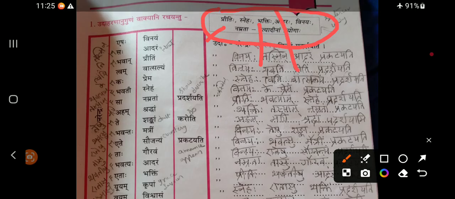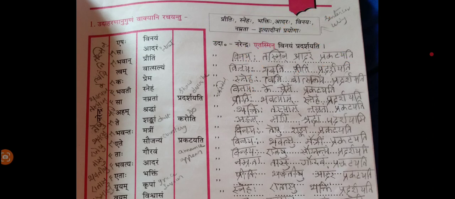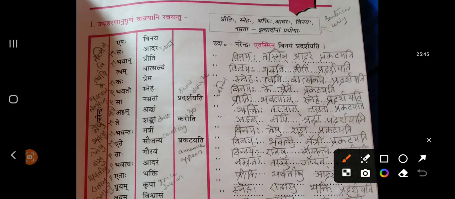Bhaktihi. Adaraha, support. Vinayaha, Vinay. Namrata. Like this, they have given few nouns. Based on these nouns, you need to use these nouns, and you can use your own nouns also. There is not a problem.